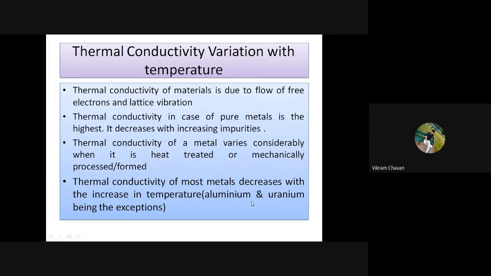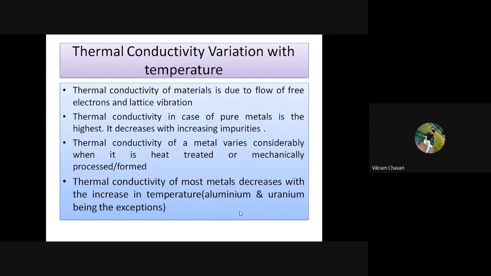Why is it happening? If you ask why, the answer will direct you towards the main concept, that is, why heat is transferring in metals. In solids, we have discussed that heat is transferred because of lattice vibration and free electrons, and in metals, most of the heat is transferred because of free electrons.